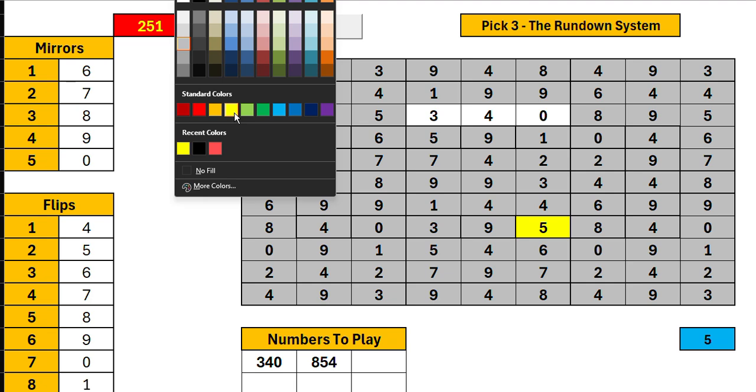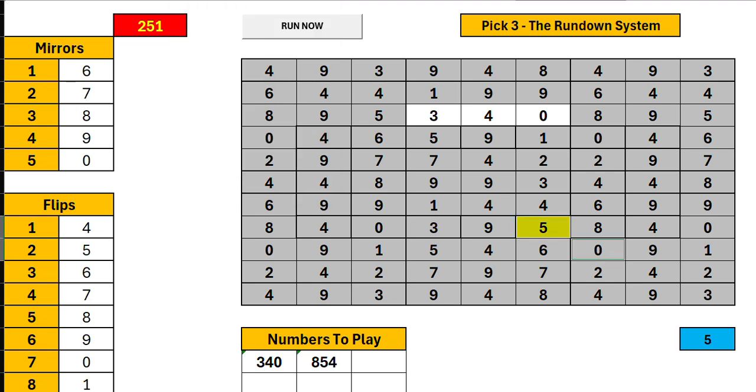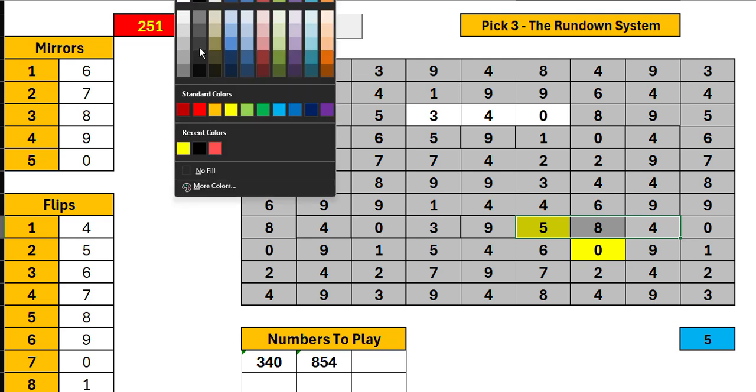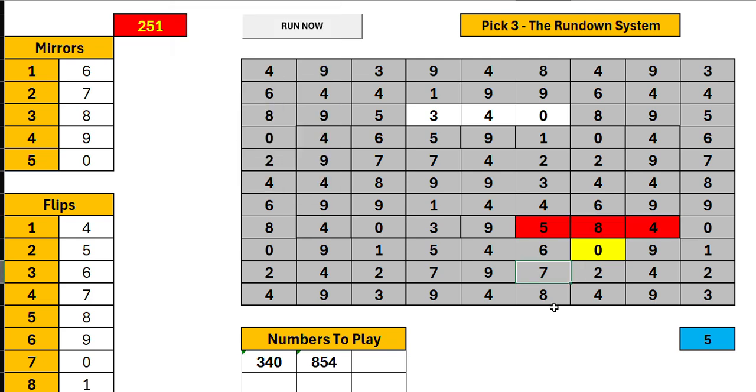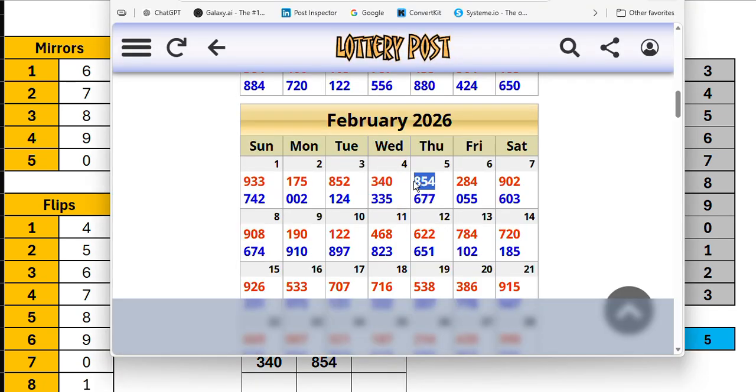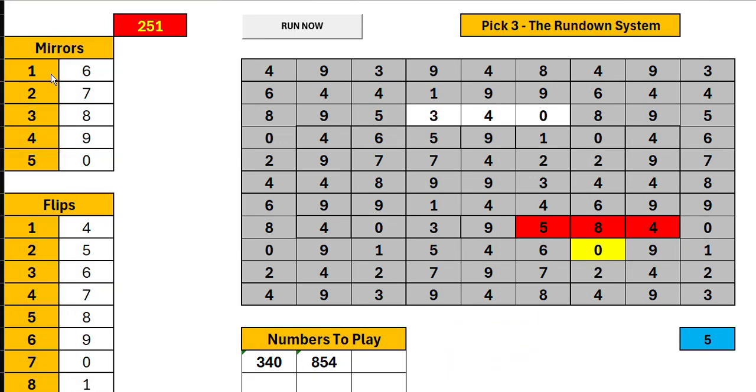See, it's 05, so it's the 5th. Is there an 854? Look, straight across. 854, right off the date. See? 854 on the 5th.